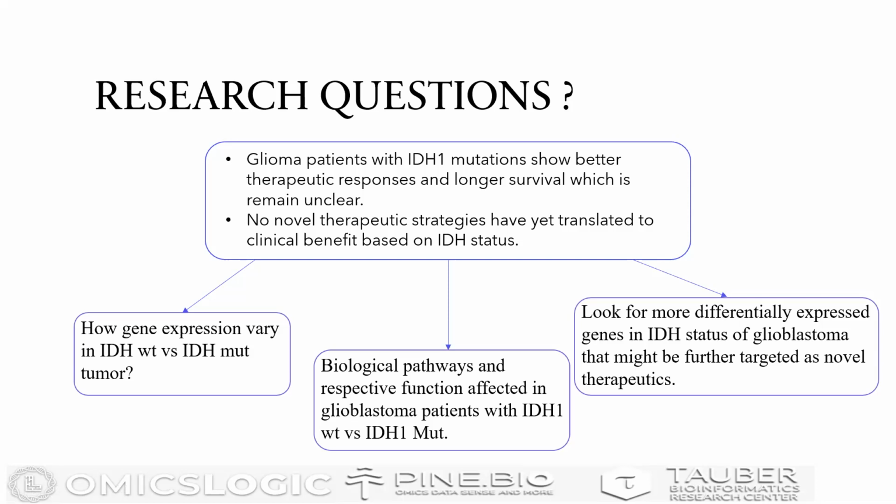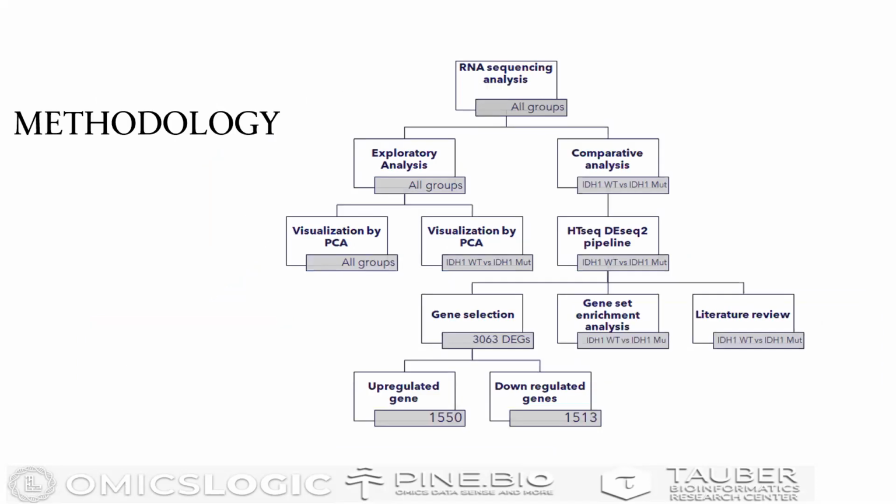Number 2, biological pathways and respective functions affected in glioblastoma patients with IDH1 wild type versus IDH1 mutant type. Number 3, looking for more differentially expressed genes in IDH status of glioblastoma that might be further targeted as novel therapeutics. So the methodology I followed for my analysis is as shown.